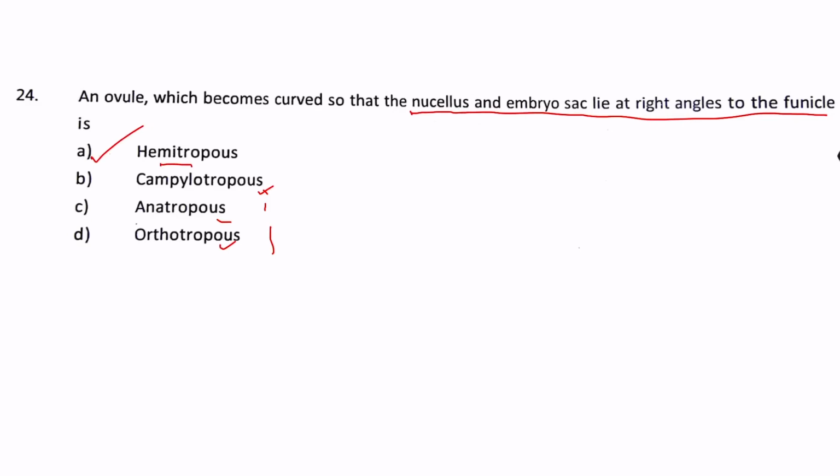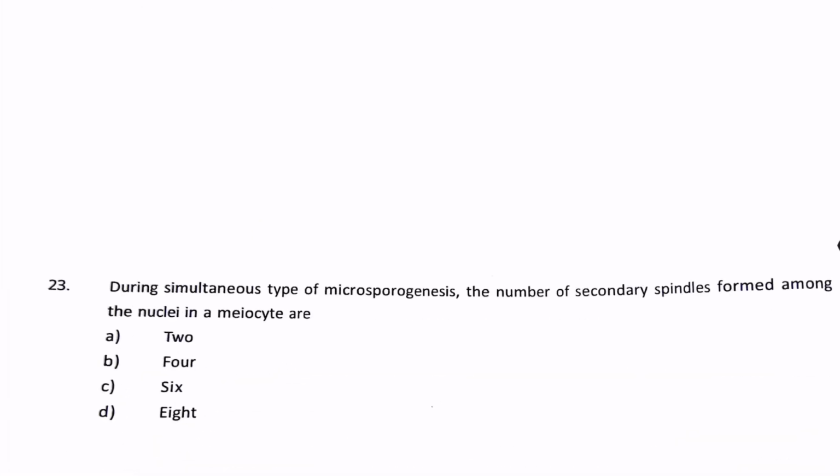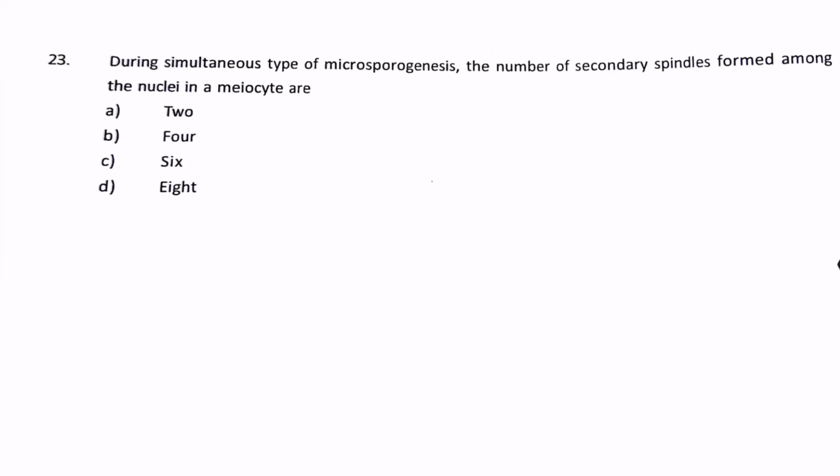It is arranged in such a manner that it goes halfway through the funicle, becomes at the right angle to the nucellus and the embryo sac. So our answer is 24A. Next question. During simultaneous type of microsporogenesis, the number of secondary spindles formed among the nuclei in the meiocyte are 2, 4, 6 and 8. The answer is 6.